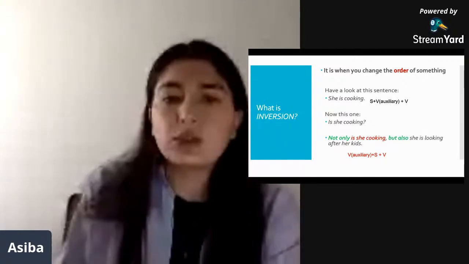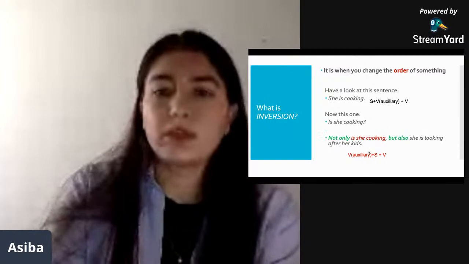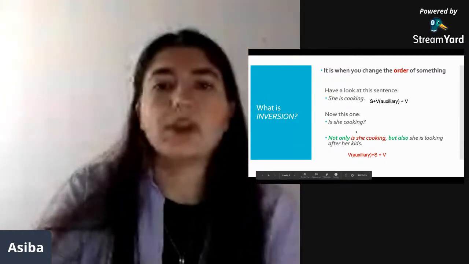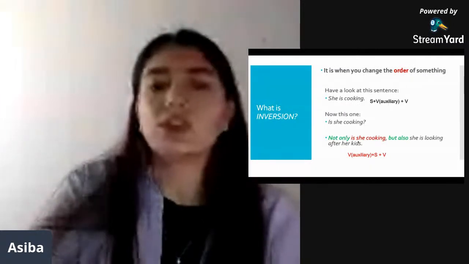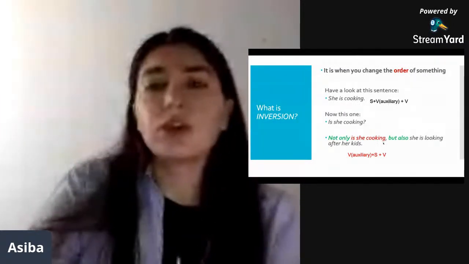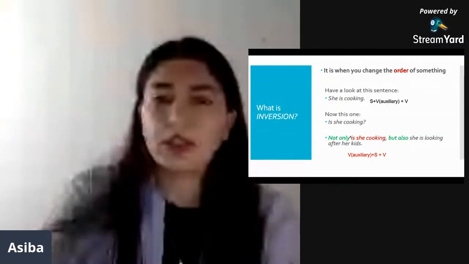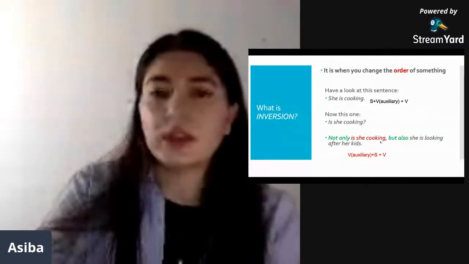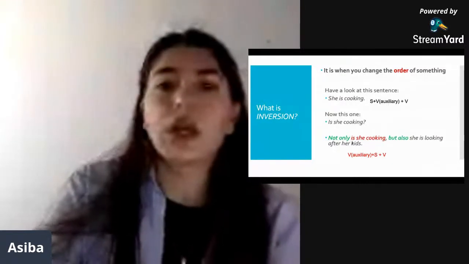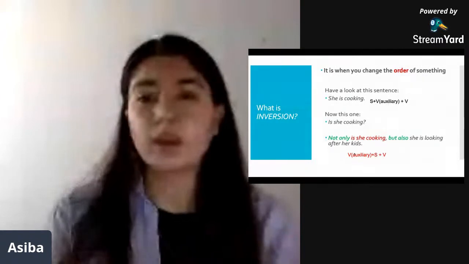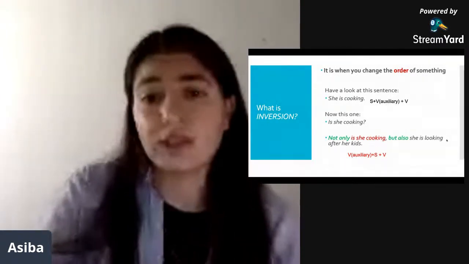Now have a look at the sentence at the very end of the page. Not only is she cooking, but also she is looking after her kids. Pay attention please to these red highlighted words. They are written in the inversion, but it is not a question sentence.